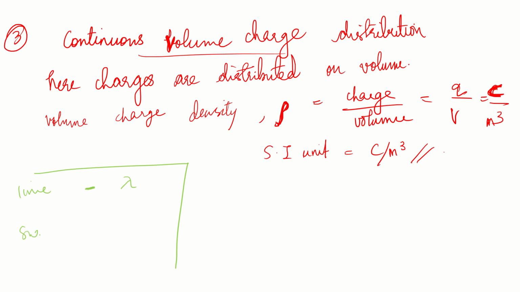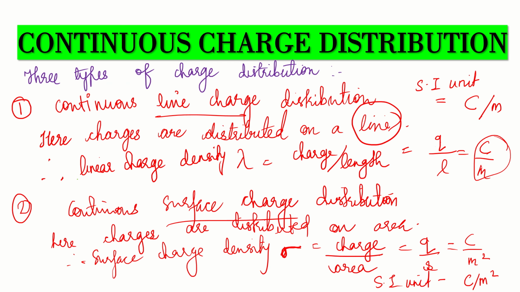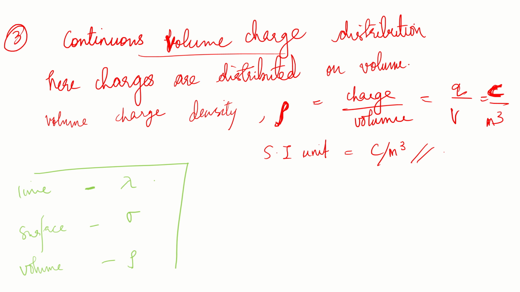For surface charge density, sigma. For volume charge density, it is rho. And for line charge distribution the SI unit is coulomb per meter, here coulomb per meter square, here it is coulomb per meter cube.